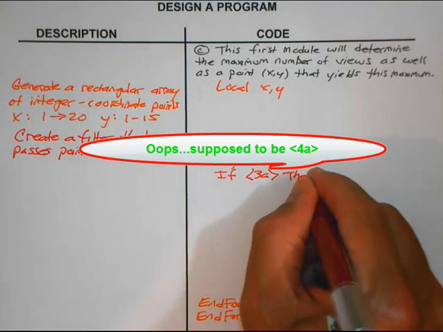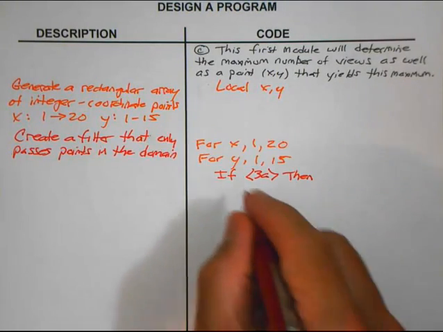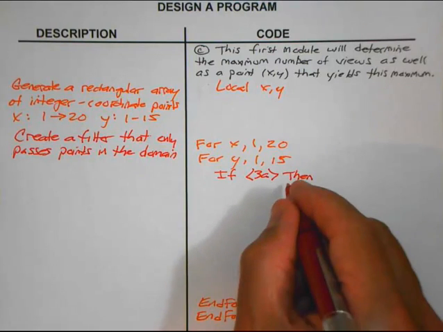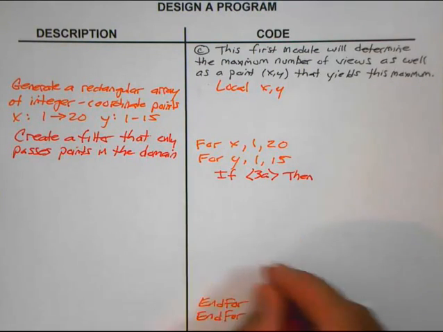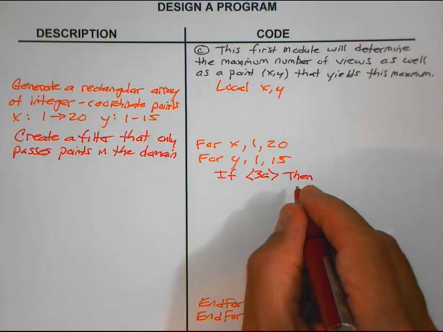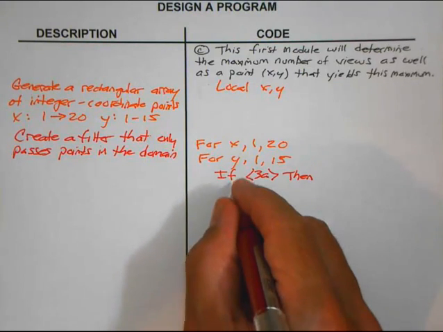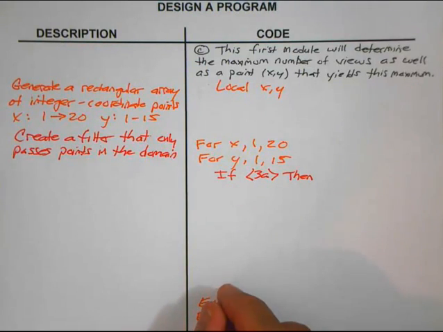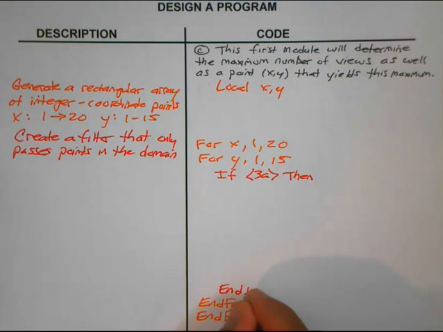Then, alright, now only the points in the domain proceed on into this portion of our program. We need to include the end statement that goes with this conditional, so here we could have an end if there. Alright, so now we have only points in the domain proceeding forward.